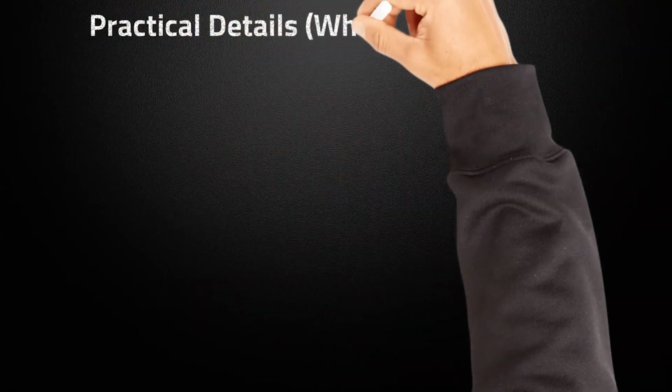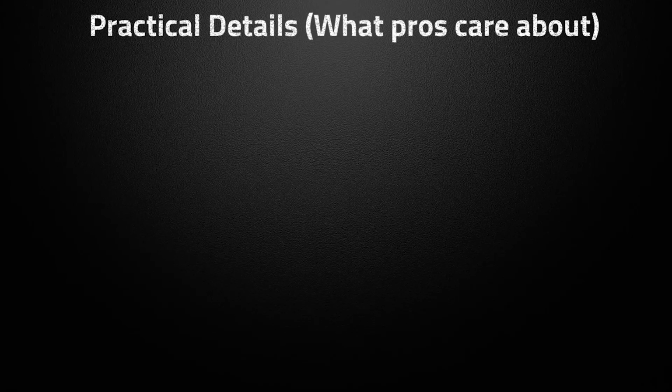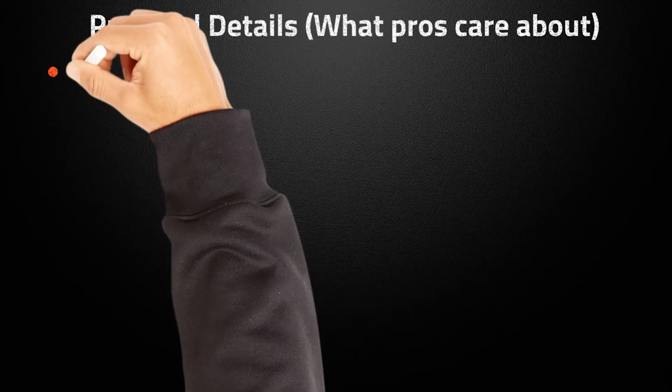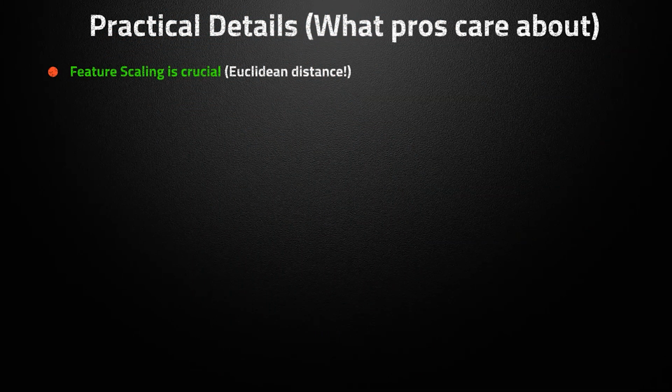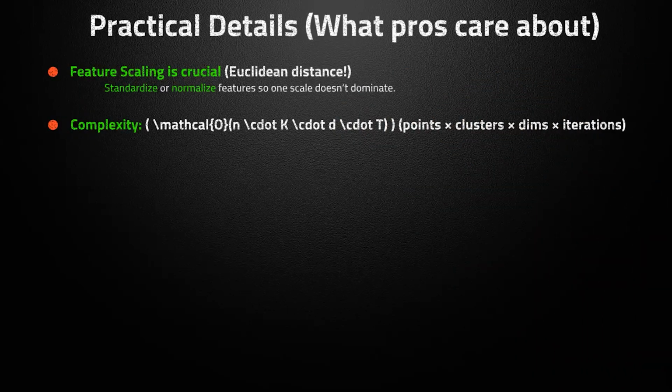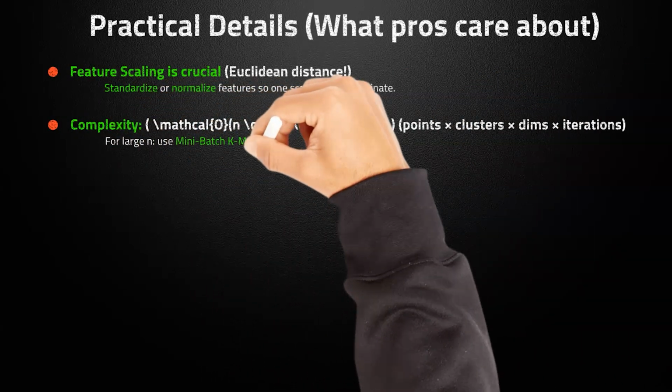So if you think about some of the practical considerations, a few things that you need to keep in mind: you need to scale your features, you need to standardize or normalize them so that scale doesn't dominate the distance calculation. If it's too complex, you have a very large n, then try using mini batch k-means.